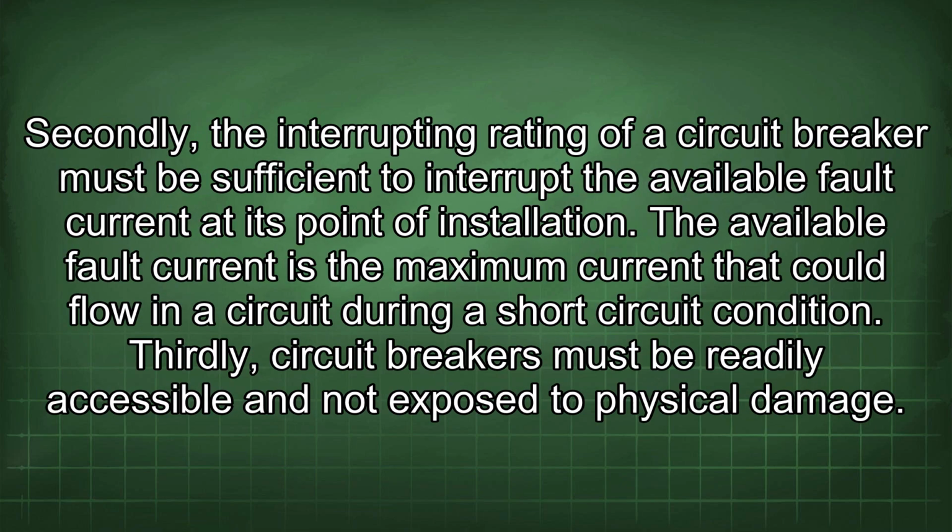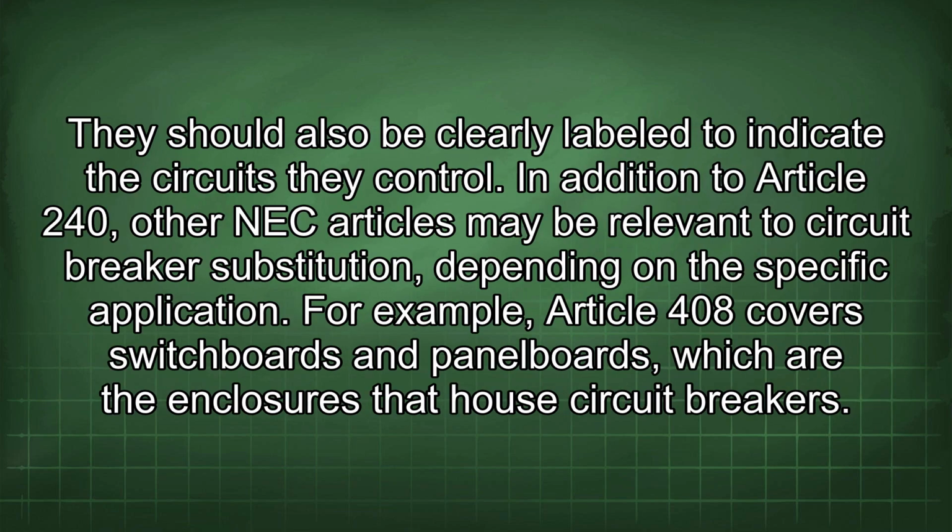Secondly, the interrupting rating of a circuit breaker must be sufficient to interrupt the available fault current at its point of installation. The available fault current is the maximum current that could flow in a circuit during a short circuit condition. Thirdly, circuit breakers must be readily accessible and not exposed to physical damage. They should also be clearly labeled to indicate the circuits they control.